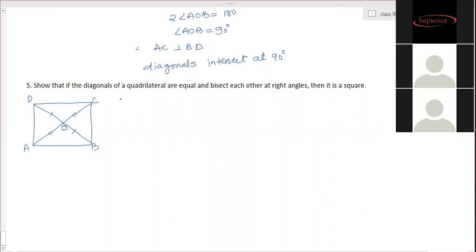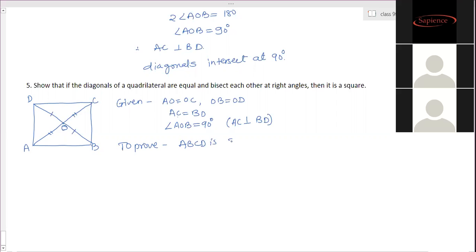Diagonals are also equal, AC is equal to BD, and angle AOB is equal to 90 degrees, that is AC perpendicular to BD. This is what is given. What we have to prove: ABCD is a square.